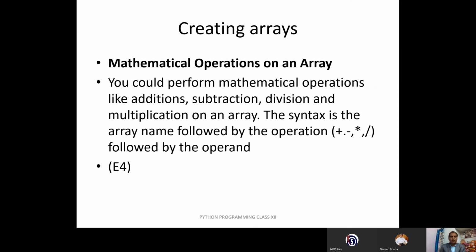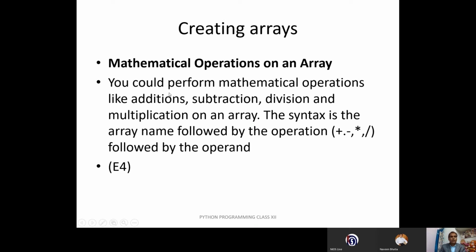When we create an array, a lot of mathematical operators are available. Arithmetic operators: plus, minus, multiply, divide, modulus. Some more operators are there that you can apply with the help of the array.